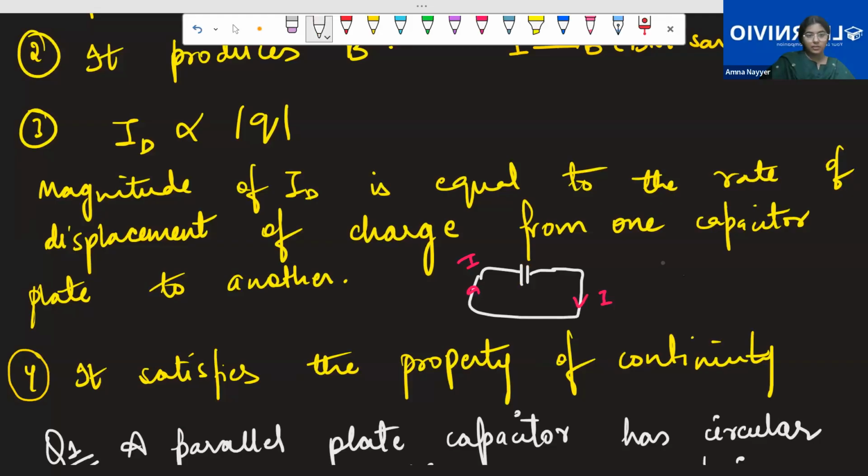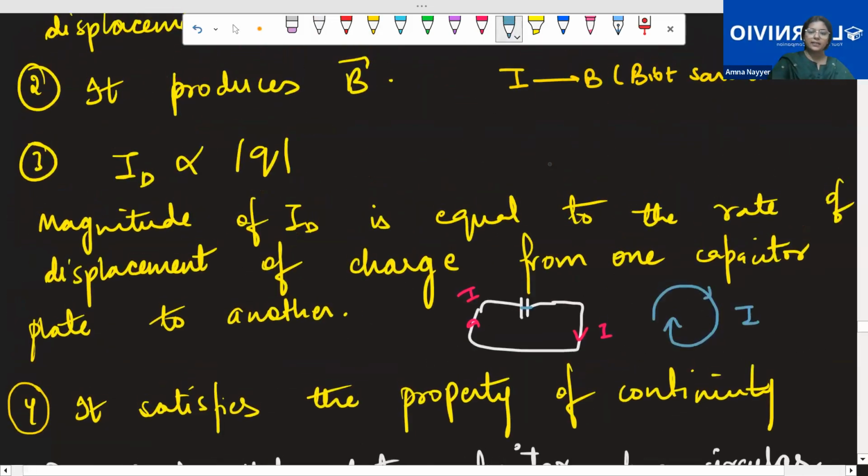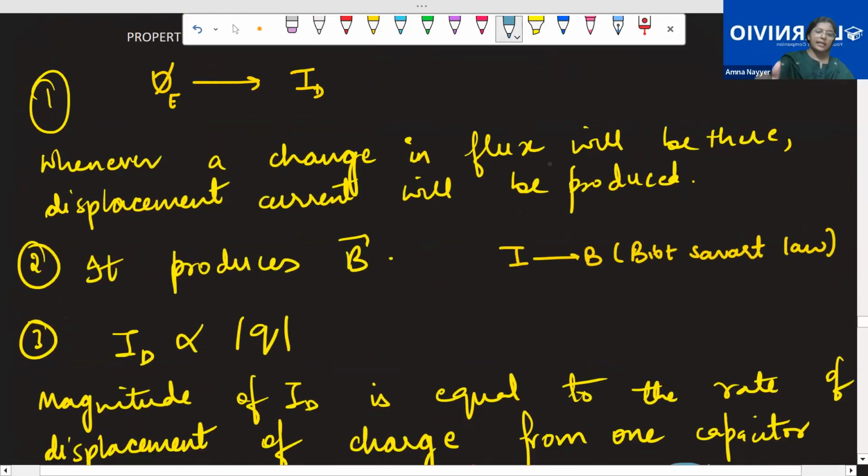Now after Maxwell's theory, there's a continuity between the plates also, a current is flowing. So a complete circuit with full movement of current is flowing in it. Clear? These are four basic properties. Write it down from here so that we can discuss the numericals.